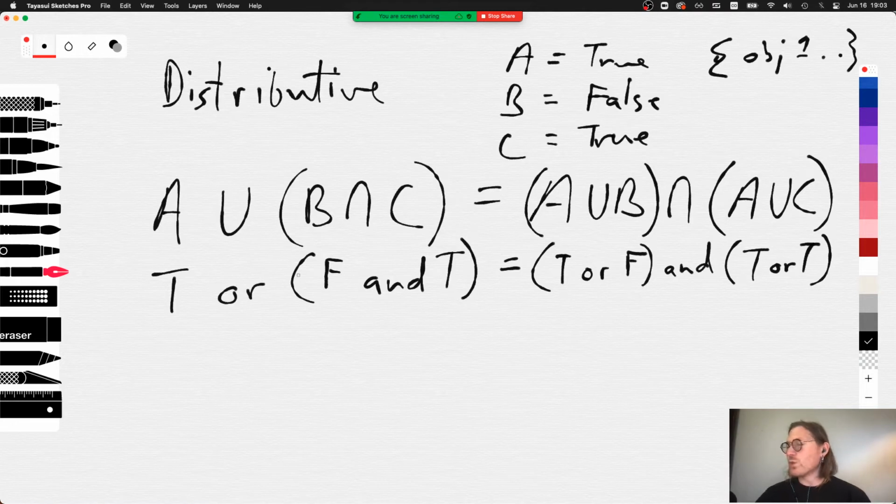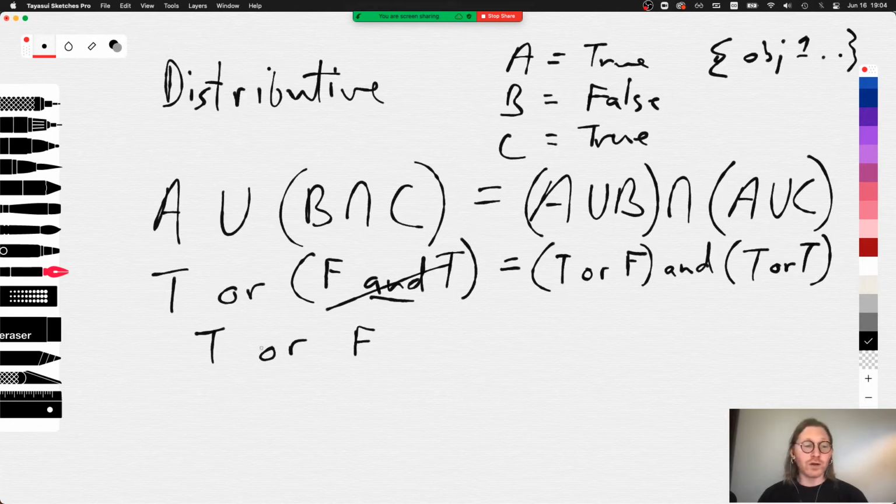Okay, and we can process this, and the takeaway from axioms of probability that I really want you to have is an understanding that you can walk through and process these. So let's look at this first one, false and true. The AND operation has to be true on both sides for it to be true. So false and true is going to yield false, leading us to true or false.